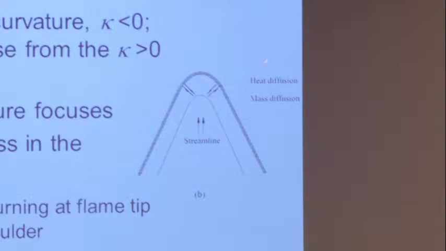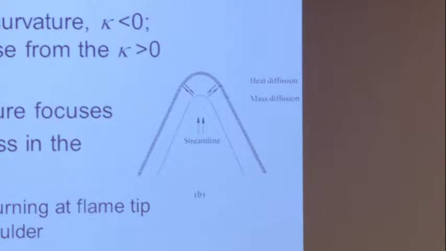Then heat diffusion will focus here, right? Heat diffusion, sure, because heat diffusion is away from the flame. Heat diffusion this way, mass diffusion goes this way. Mass diffusion defocusing, heat diffusion is focusing.